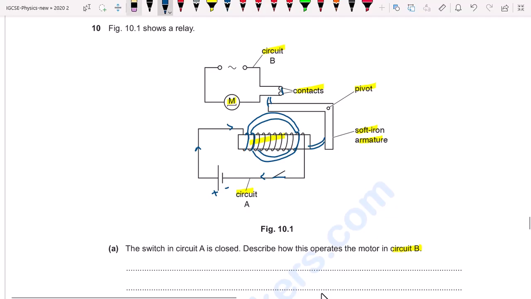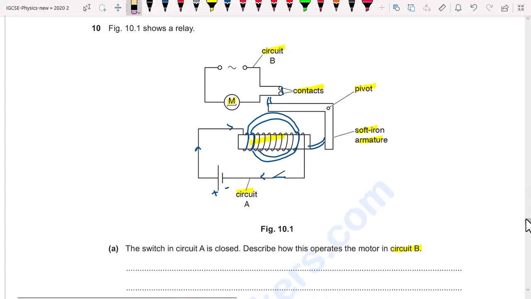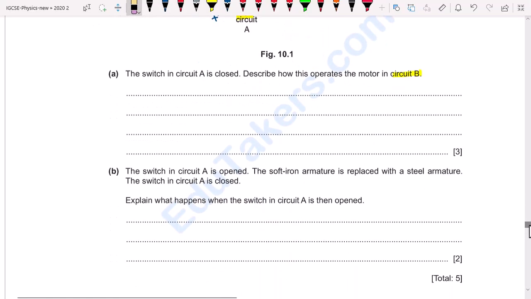So I write here: when the switch in circuit A is open, there will be no current in the circuit, but here we have to close the switch, so there must be current in the circuit.